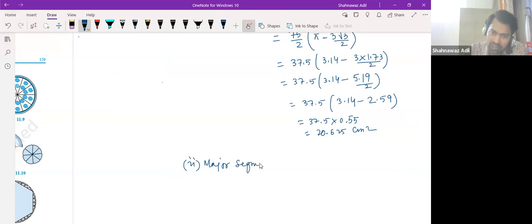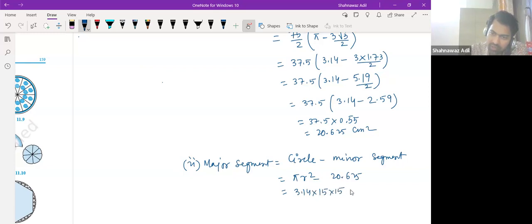So major segment is circle minus minor segment. Circle is pi r square minus this we have calculated. So pi and r square.